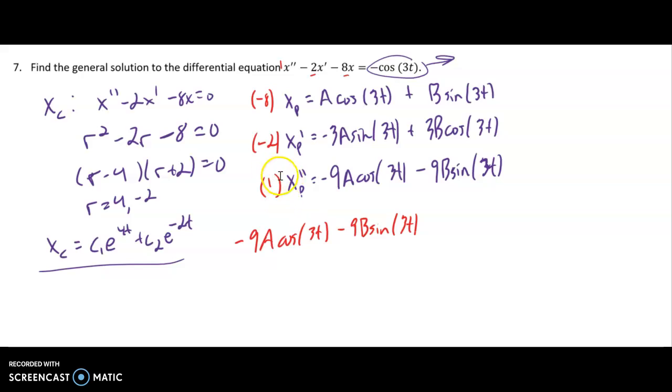That is 1 times this line right here. Next, I get negative 2 times this line. That winds up giving me a double negative on this first piece, so I get a plus 6a sine of 3t. And then when I multiply negative 2 by this, I get a minus 6b cosine of 3t.